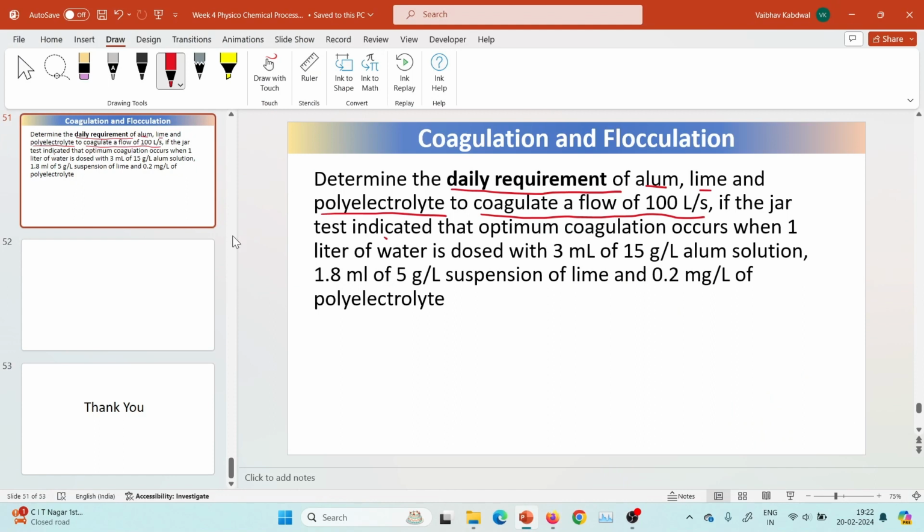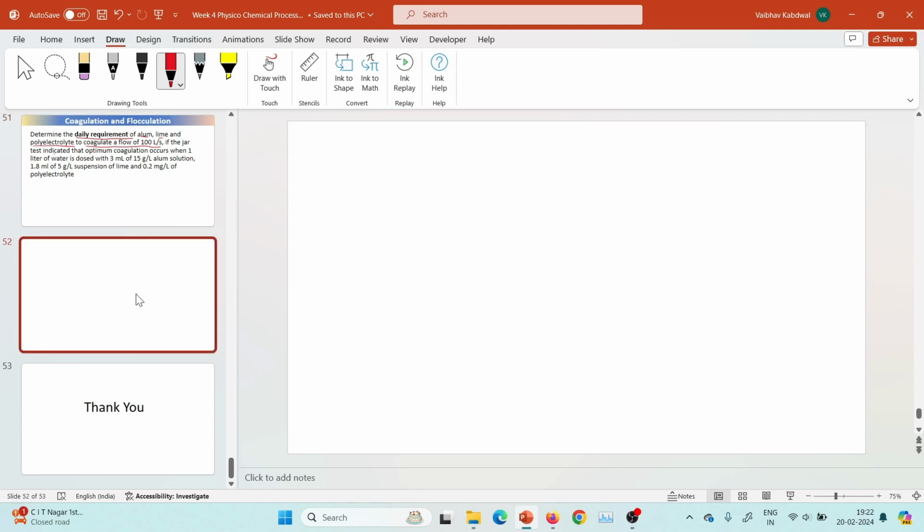So this is the last question, which says determine the daily requirement of alum, lime, and polyelectrolyte to coagulate a flow of 100 liters per second. We will write one by one what data is given to us.